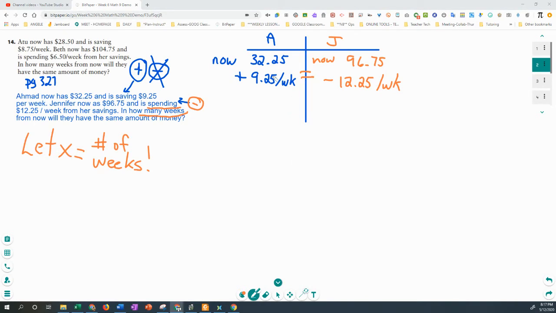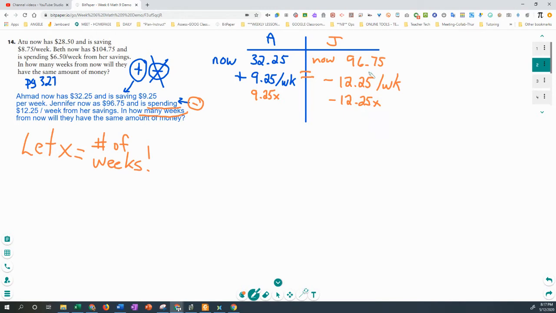Okay, so let's do a little translating. Ahmed's speed here is 9.25x, $9.25 per x per week. How many weeks? We don't know how many weeks. And Jennifer's speed here of spending money, his was saving money, of her spending money was 12.25x. How many weeks? Well, we don't know.